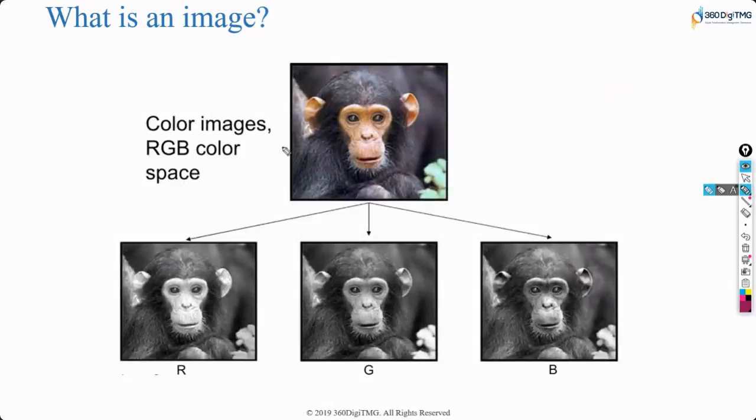Even if you have a color image, color images are represented using different colors. If you delineate the different color channels, like this is an RGB color image, if you delineate the red color, green color, and the blue color, you'll get the red channel, green channel, and the blue channel.